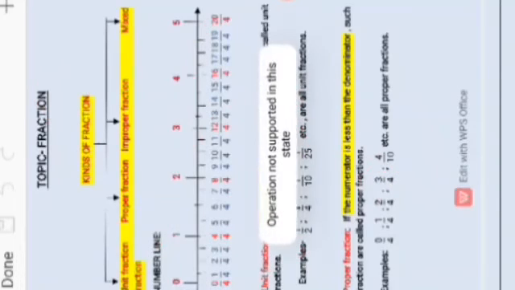According to the property of division, if the dividend is 0 and divisor is any other whole number, then the quotient is always 0. So 0 by 4 is actually 0. So you can see in the number line, I wrote 0 here, and just below that there is 0 by 4. That means 0 by 4 represents 0 on the number line.